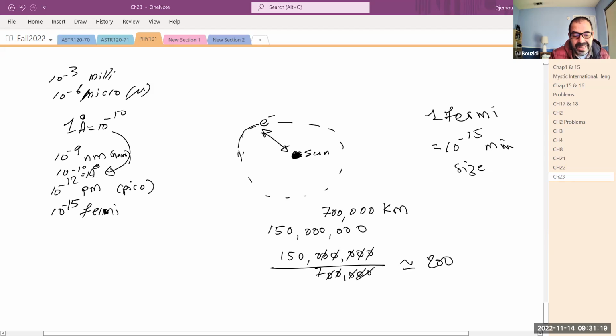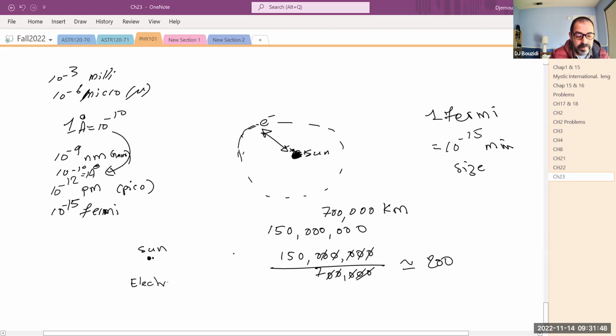Anyway, the point being here is that if I were to put the sun here instead of the nucleus, and I would want to find where the Earth would be, the Earth, of course, will not be at 100,000, but rather it's barely attached to it. So in other words, if the sun represents the nucleus, the Earth would be too close compared to where the electron is from the nucleus.